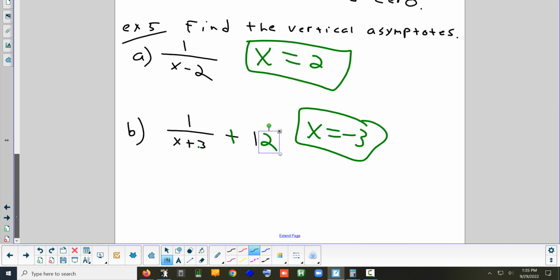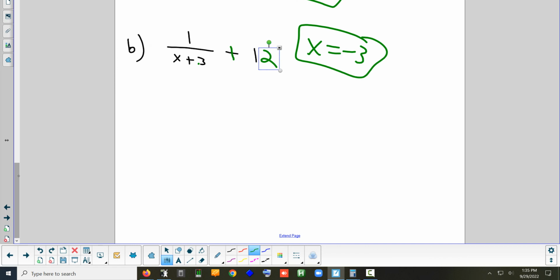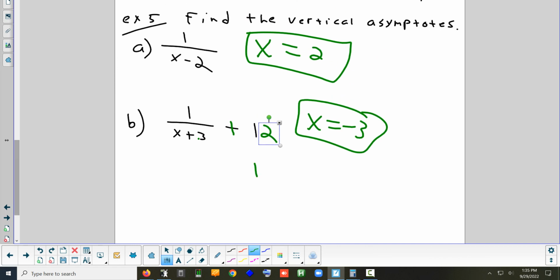Remember, this is movement up and down, so it affects horizontal things. This is movement left and right, so it affects vertical things. I should probably describe those transformations right now. So if you have something like 1 over, could be a plus or a minus. We'll call that A. Let's call this number B, and plus or minus C. Well, A is the first thing you would look at, and adding or subtracting inside, which way did I just say that moves it?